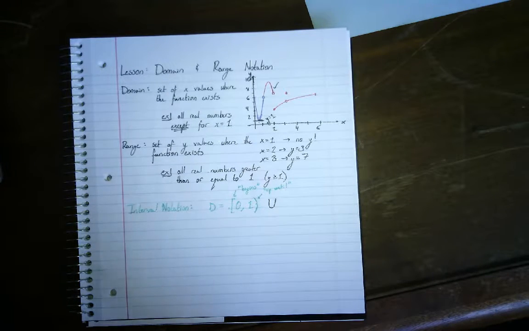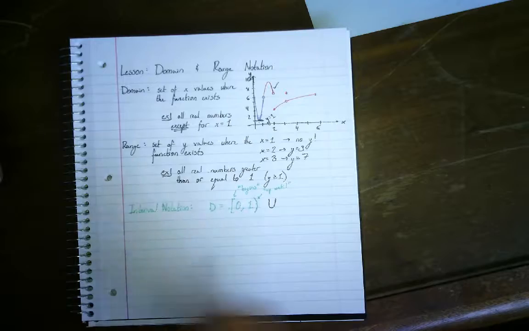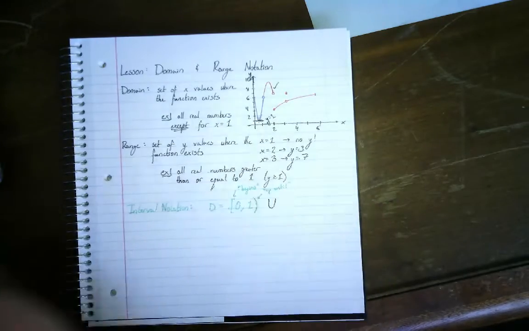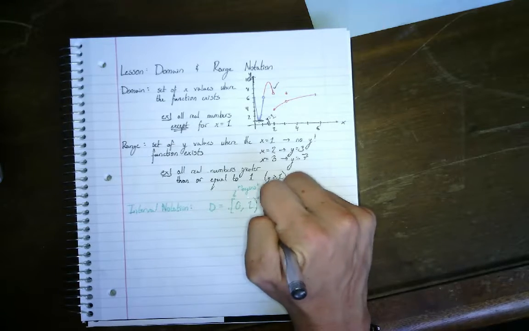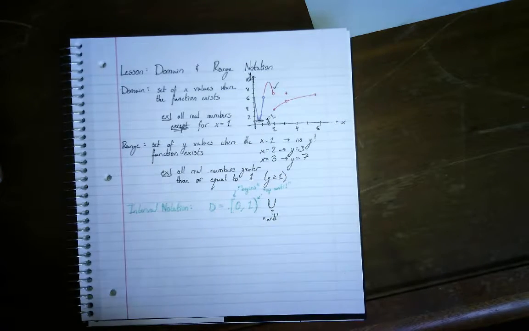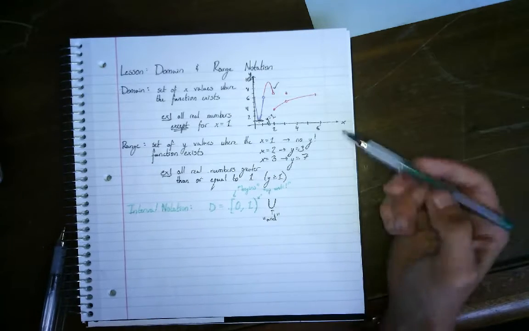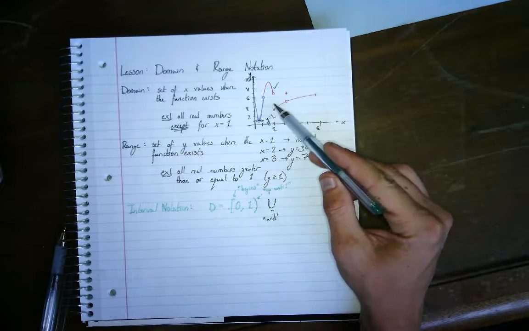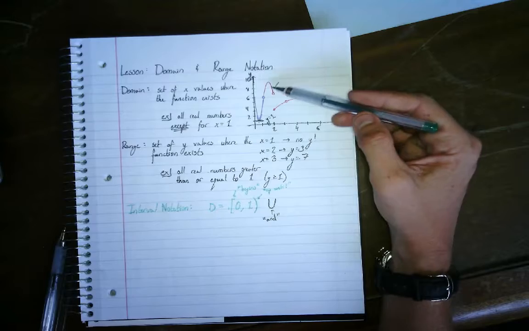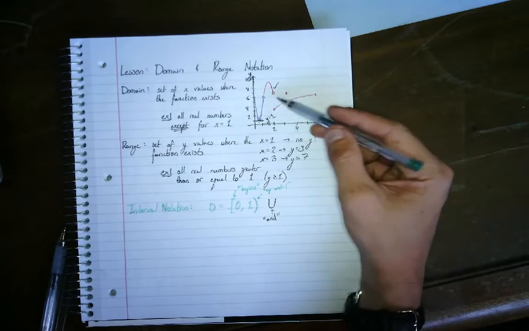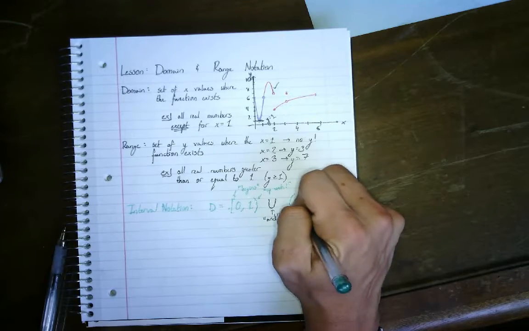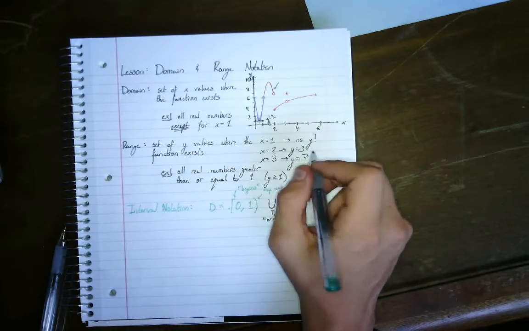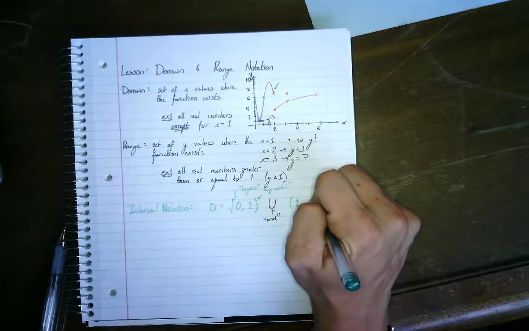So if you want to talk about two different regions at the same time, you use this right here. So this is code for and. And so now we're talking about the right side. We'd say that it is up until 1, but then it goes all the way out into infinity.